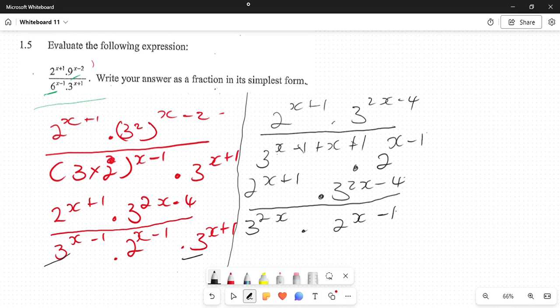Now we're going to apply the laws of exponents again, because when we're dividing numbers of the same base, we subtract the exponents.